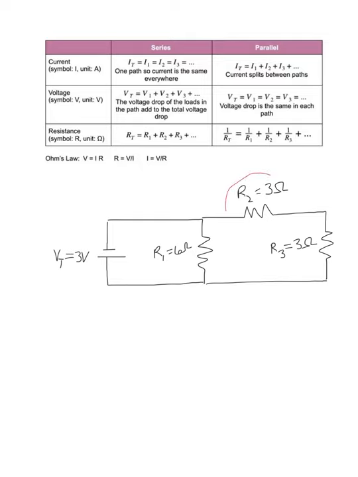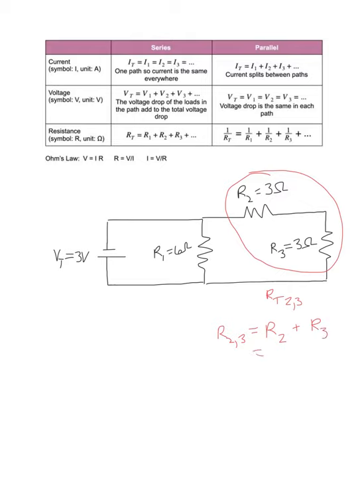So I'm going to combine R2 and R3. Now, in this case, they're beside each other or in series, so it is actually a little bit easier to combine them. We can just add their resistances and find what the total resistance for these two are. So I'll just call this the total resistance of just 2 and 3, and we'll shorten it to R 2,3. And because they're beside each other or in series, we're going to add those.